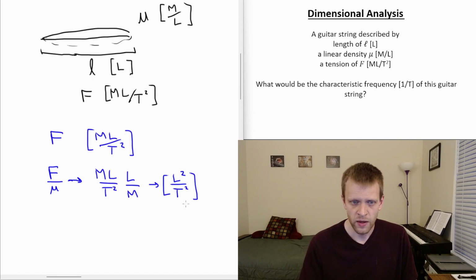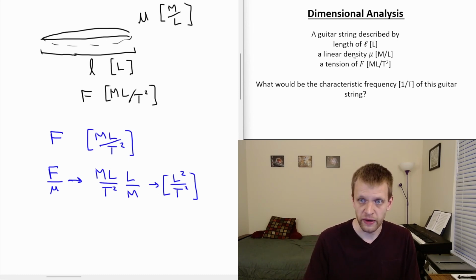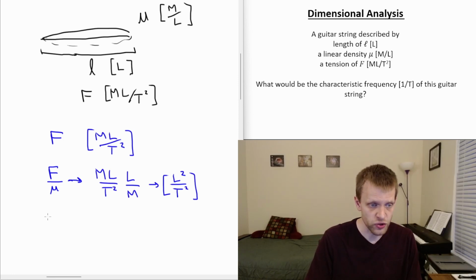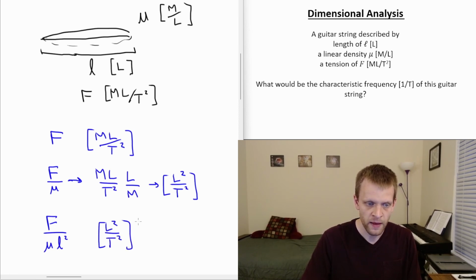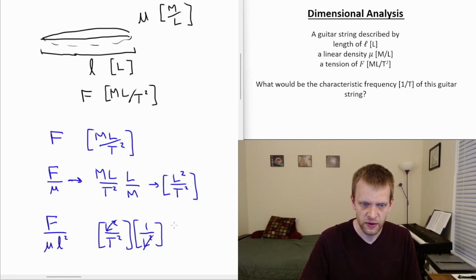Well, I can get rid of this length squared by dividing by the length of the string squared. So if I have F divided by the linear density times L squared, well, we said F over that linear density was L squared over the period squared, and now we're dividing by a length squared. Those lengths cancel out, and now we're left with just 1 over the period squared.